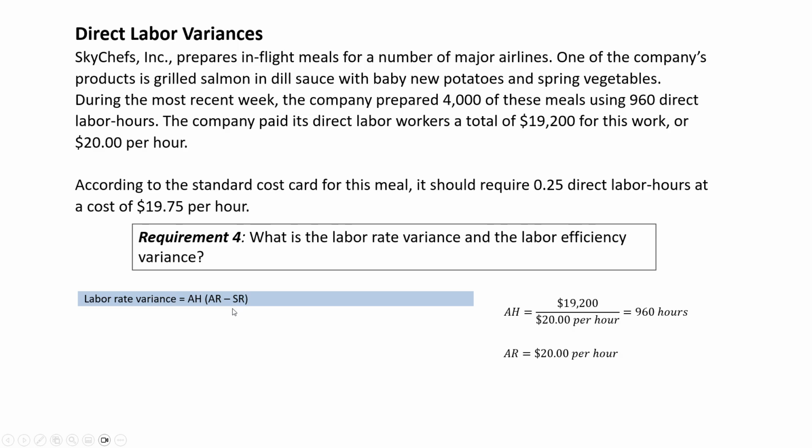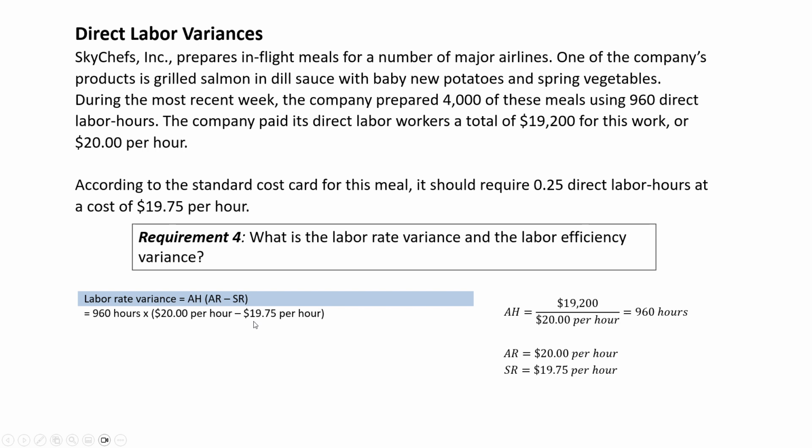The only additional piece of information we need is the standard rate, also given as $19.75. So let's go ahead and solve this. 960 actual hours times the difference between $20 per hour, our actual rate, minus $19.75 per hour of our standard rate.